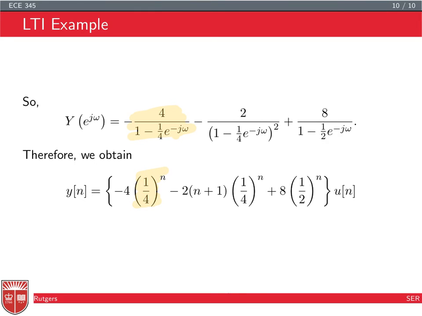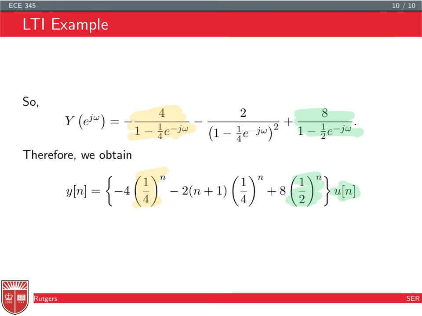So let me add here, this is u[n] here. And this term here in green is this guy here. Oh, actually there's u[n] here, so I don't need this. I didn't notice that the u[n] is outside.